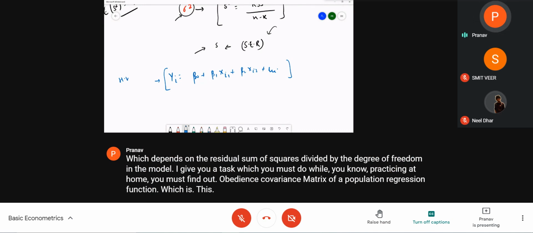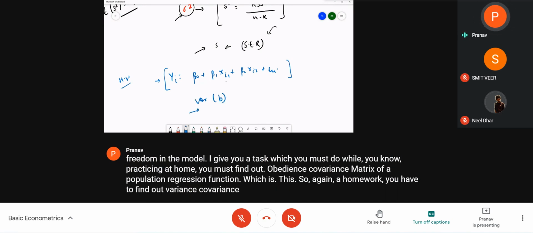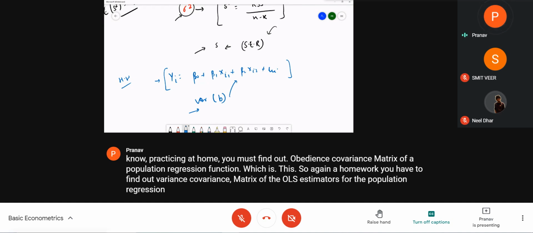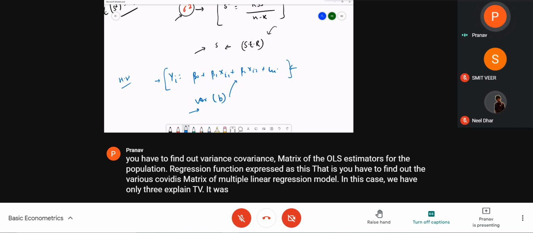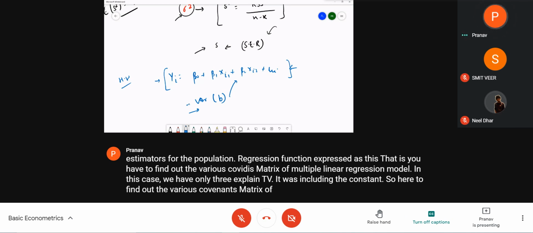So again, a homework: you have to find out variance covariance matrix of the OLS estimators for the population regression function expressed as this. That is, you have to find out the variance covariance matrix of multiple linear regression model. In this case, we have only 3 explanatory variables including the constant. So you have to find out the variance covariance matrix of B.